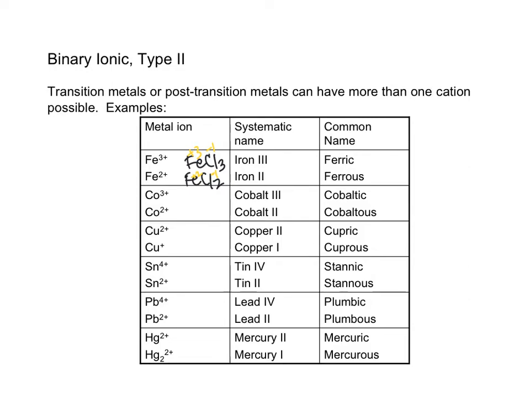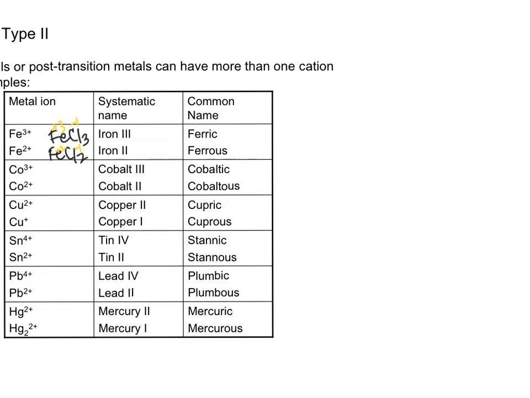I actually feel like I need to make some space and write this out. So you have Fe2+. We know that chlorine is -1. The crisscross rule is going to give us a 2 and a 1 there. You don't write the 1 in. This is all your busy work. In the end, you want to write down FeCl2. And then the question is, what is the name of it?